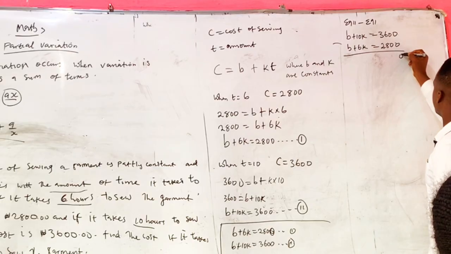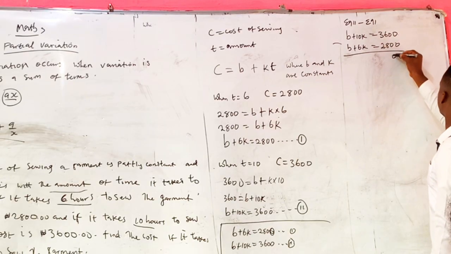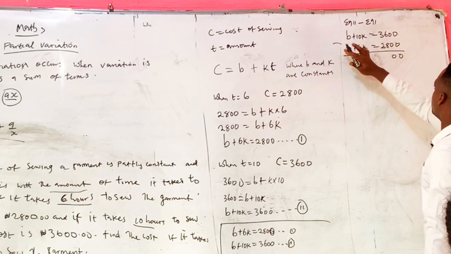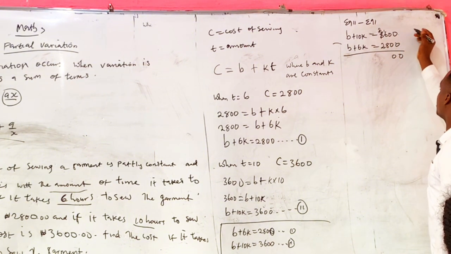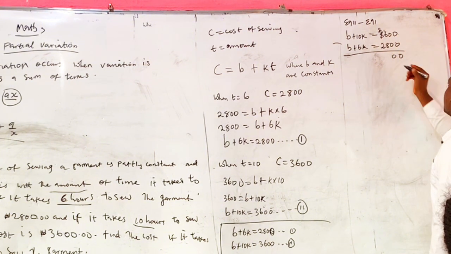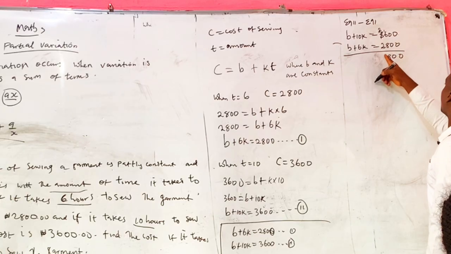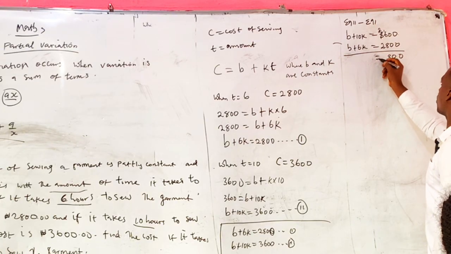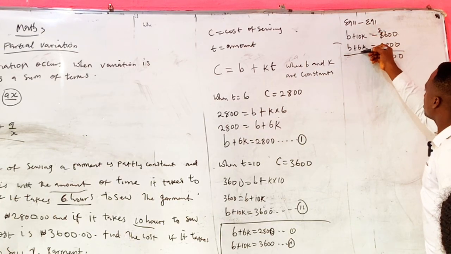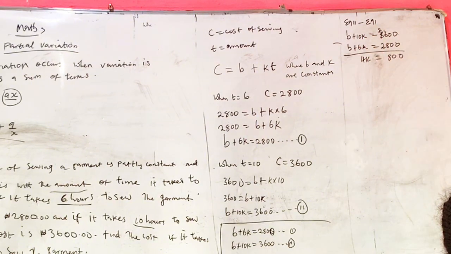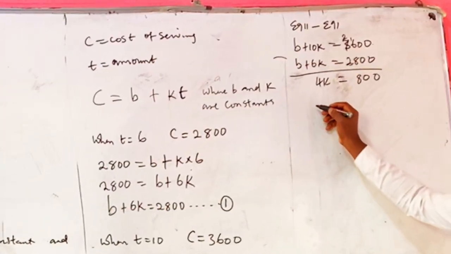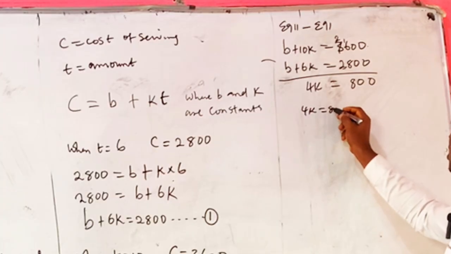All right. So we are subtracting. 0 minus 0 gives us 0, 0 minus 0, so 0. 6 minus 8 is not possible. Borrow 1 from 3, this means 2. Here becomes 16. 16 minus 8 gives us 8. Here becomes 0. 10K minus 6K gives us 4K. B minus B gives us 0. So B is eliminated. And then we're having 4K is equal to 800.